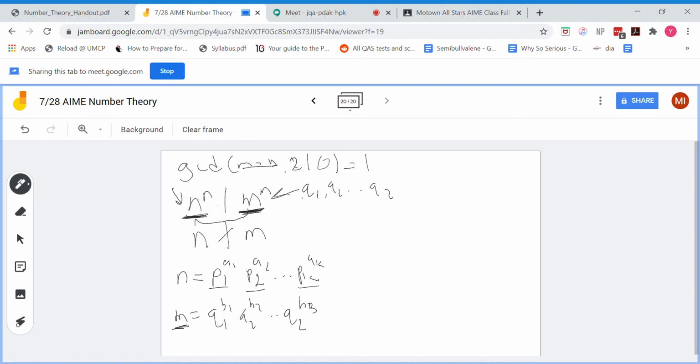So that means that q1 through qk must be a subset of p1, p2, all the way to pk, right? So every prime factor of m is also a prime factor of n.